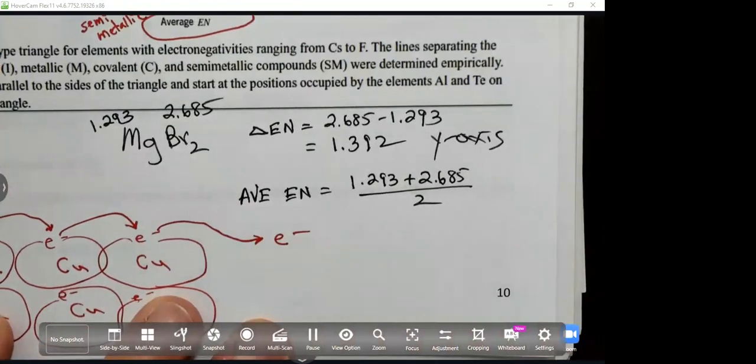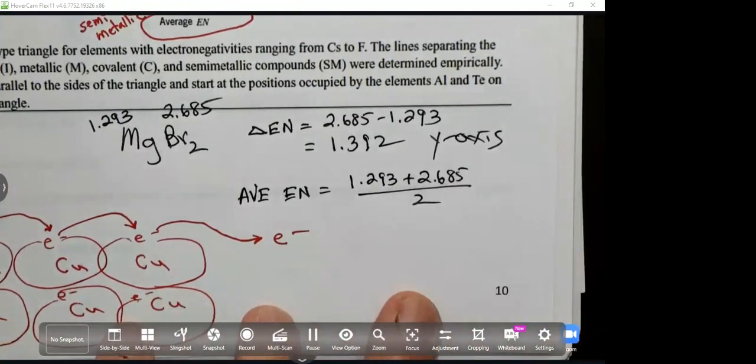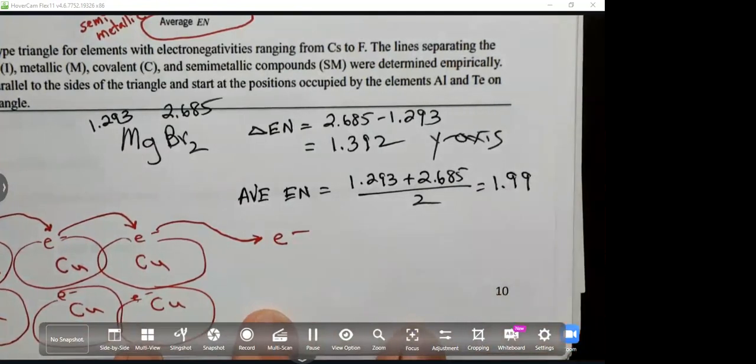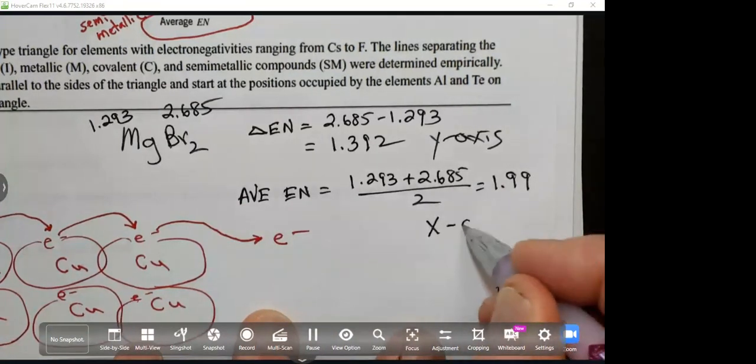There's two of them bonded together. Add the two electronegativities up, divide by 2. And that gets me 1.99. That is on the x-axis.